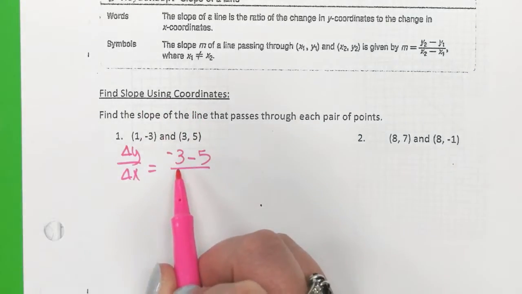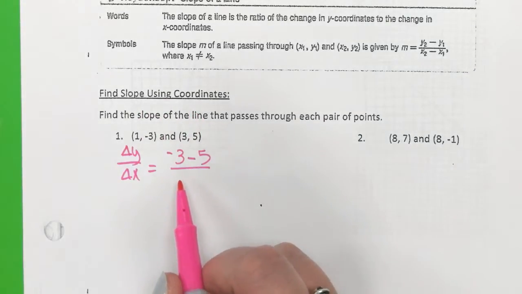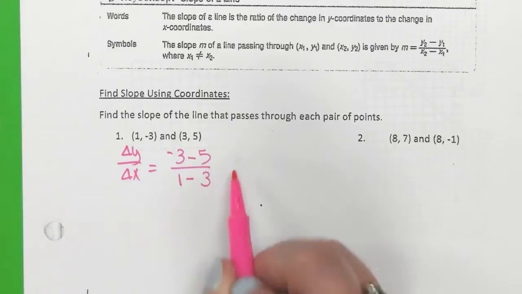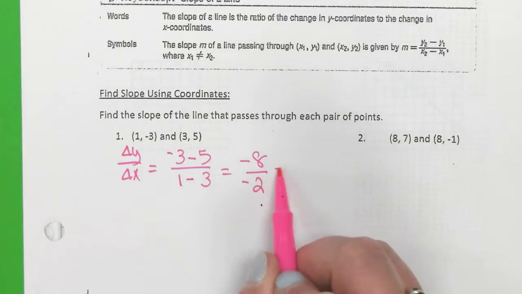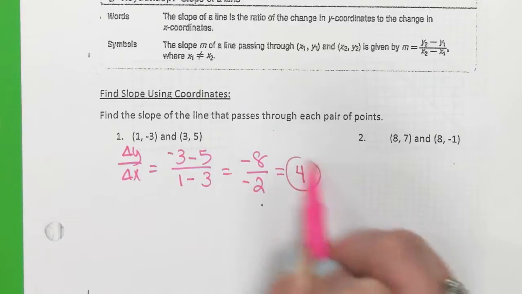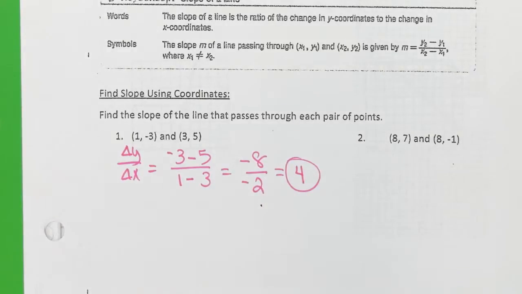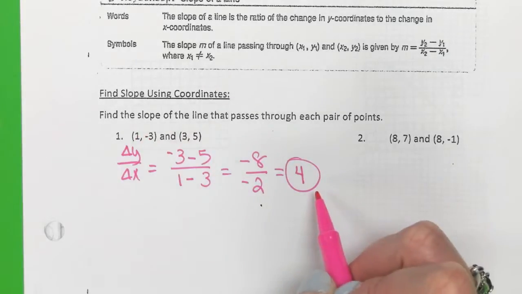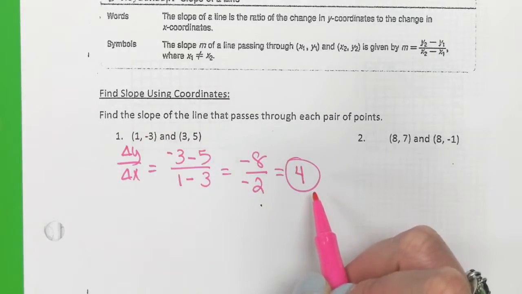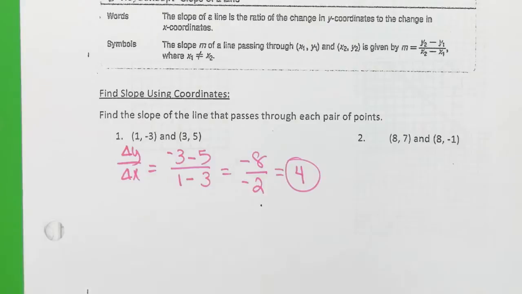So what's the x that goes with -3? 1 minus 3. So that's -8. Yeah? And so what's your rate of change? 4. So if you were to graph those 2 points, your slope between them would be 4. Y'all okay? Alright, y'all try number 2 real quick. I told y'all today was easy, right?